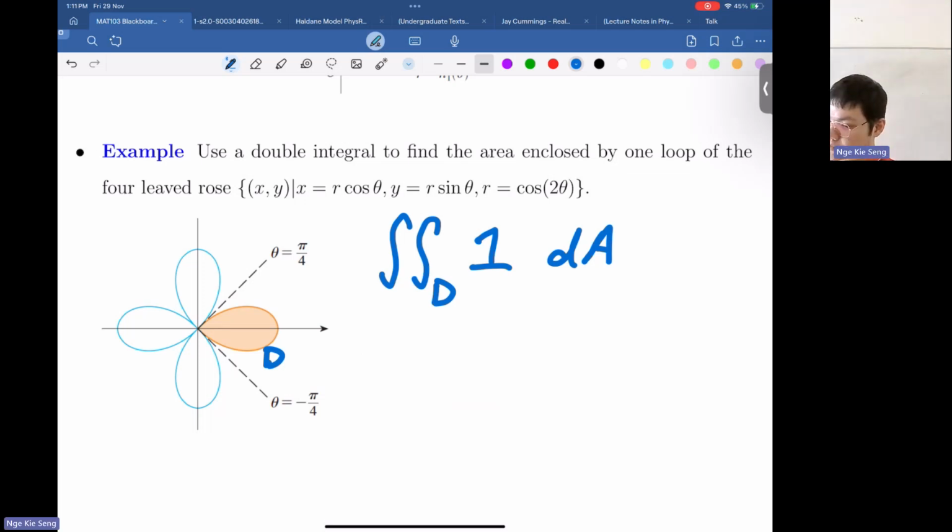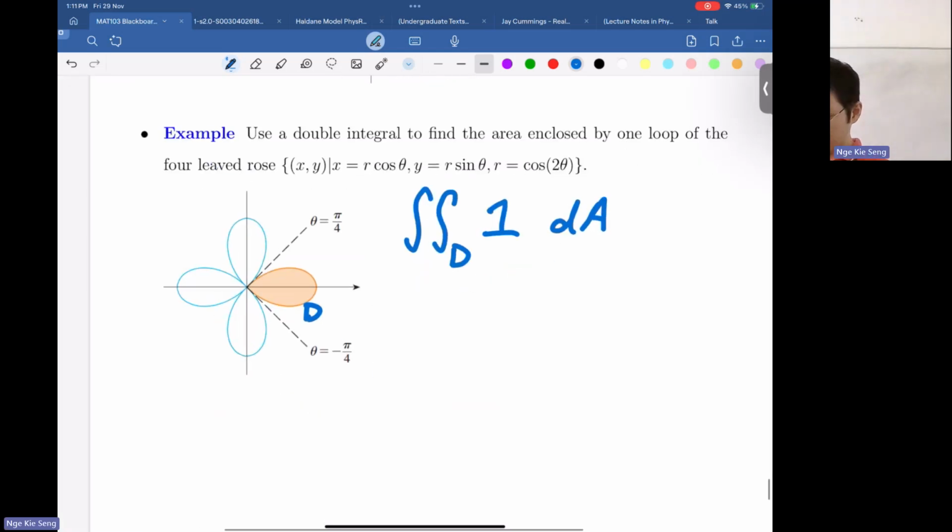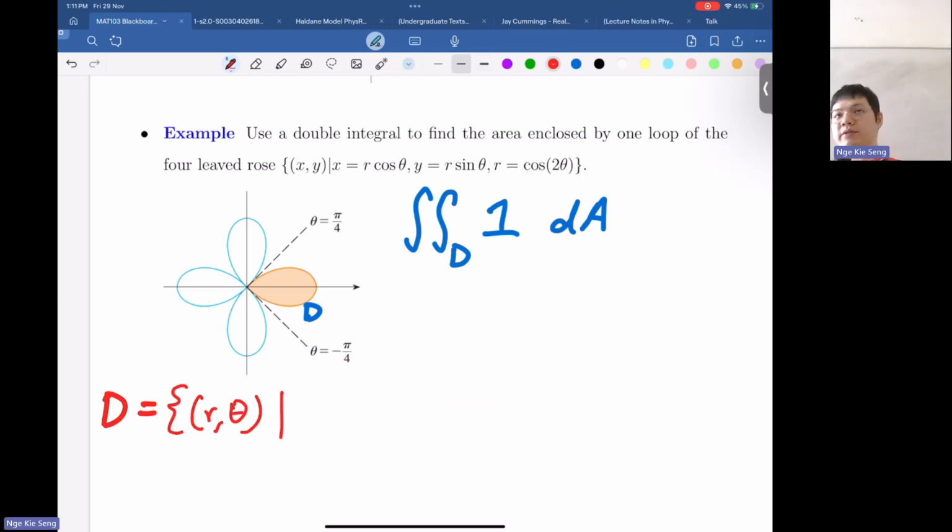So how should you describe this D? Can we use polar coordinates to describe it? Meaning, can you write D as r, theta? What's your r, what's your theta?